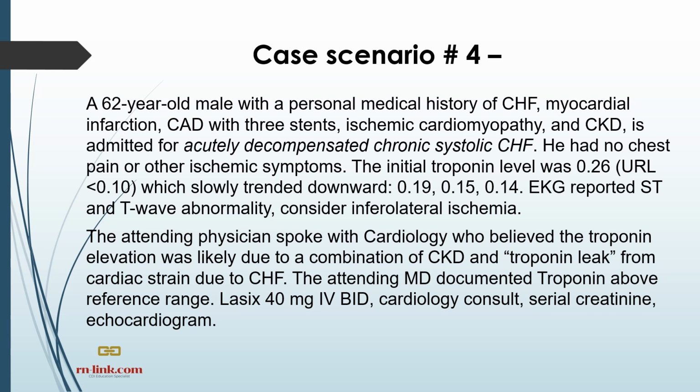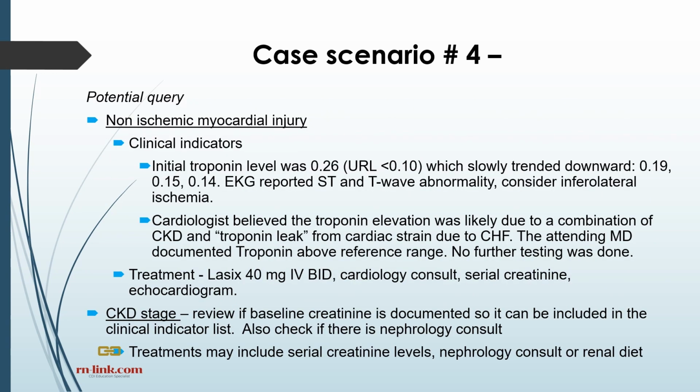Potential query for case number 4. 1. Non-ischemic myocardial injury. Clinical indicators: initial troponin level was 0.26, URL less than 0.10, which slowly trended downward: 0.19, 0.15, 0.14. EKG reported ST and T-wave abnormality, consider inferolateral ischemia.